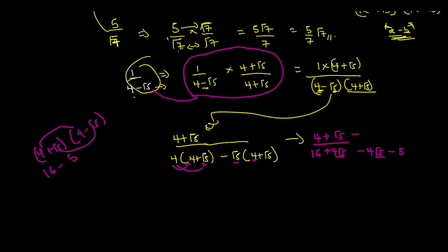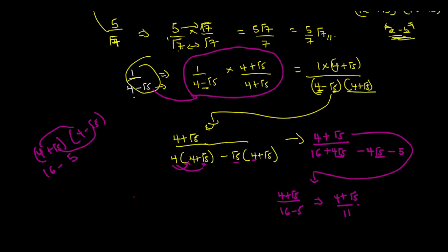Okay, so let's move on with this example. We are still continuing. What do we get? We have 4 plus root of 5 all over 16 minus 5, giving us 4 plus root of 5 all over 11.